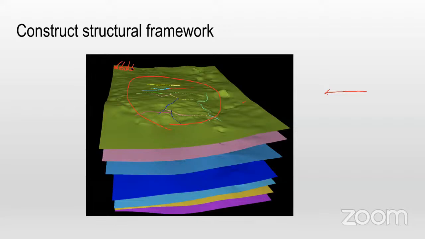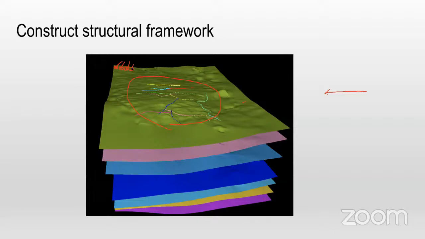So based on those numbers, you can do the geostatistical modeling, or you can find the trends of the porosity. But this structural modeling, stratigraphic modeling, they are the first step. You just create a framework of the reservoir.